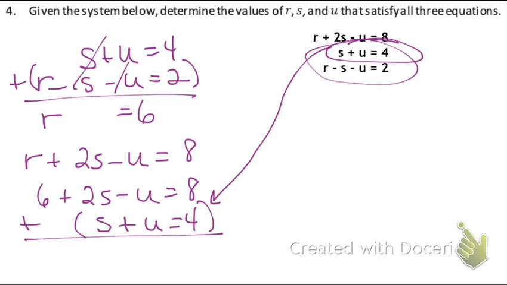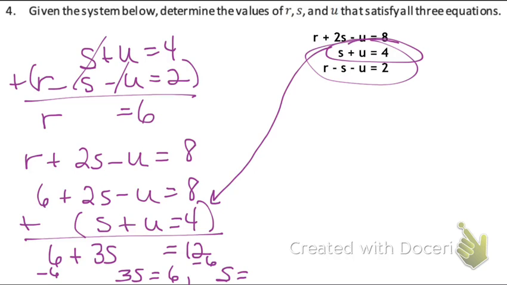I'm going to add that because I have a negative u on top. So 2s plus s, don't forget the 6, 6 plus 3s. Okay. My u's cancel out, equals 12. I'm going to subtract 6 from both sides. So I get 3s equals 6. S equals 2. 3 times 2 is 6.